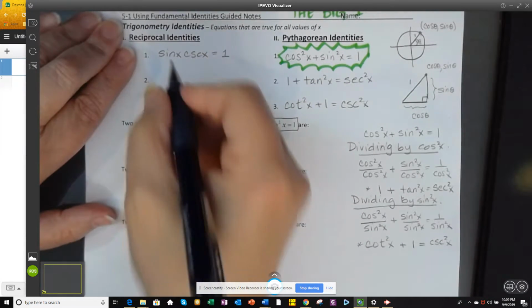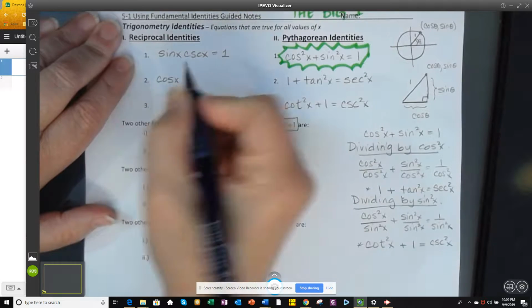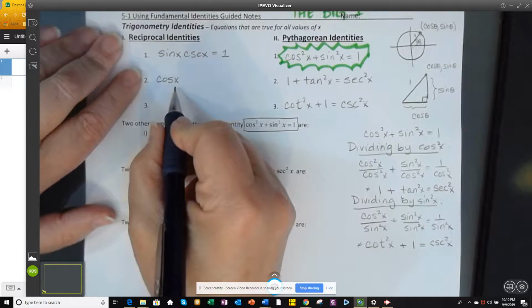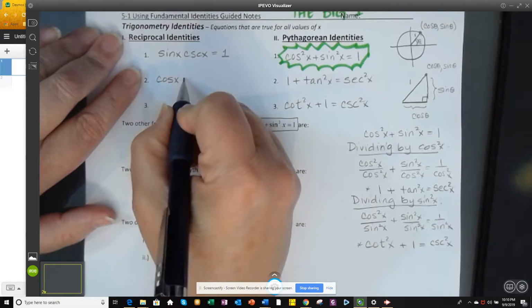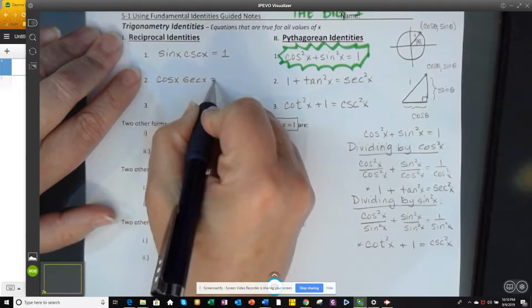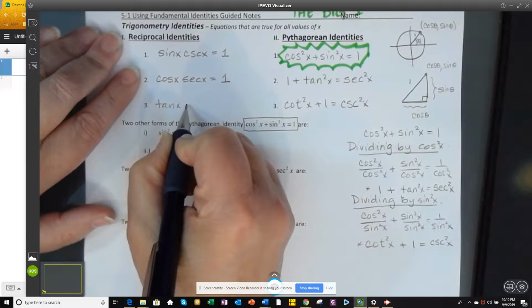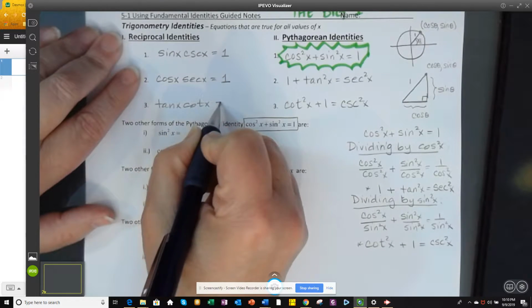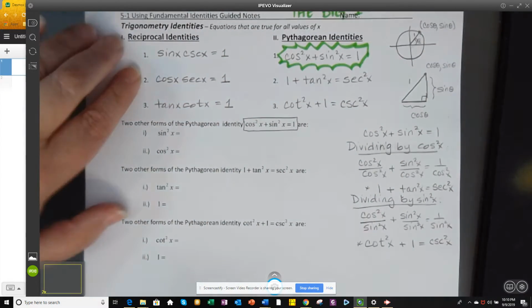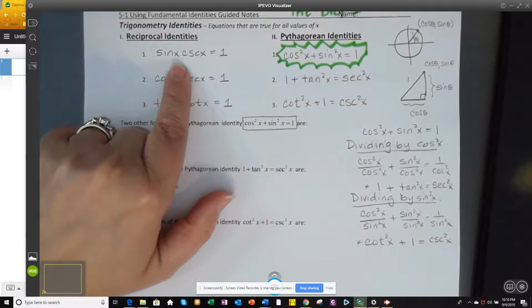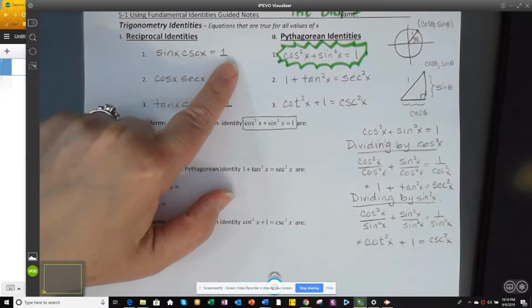All right, what about cosine x? Well, if you were to multiply it by its reciprocal function, which would be secant x, you're going to get 1. And then if I were to multiply tangent x by its reciprocal function, which is cotangent of x, you get 1. So these are nice identities to know, because if you ever see these two multiplied together, you can replace them with a 1.